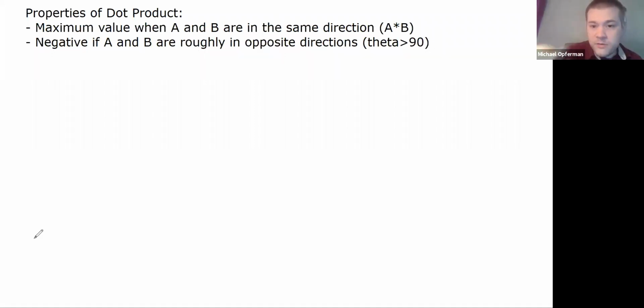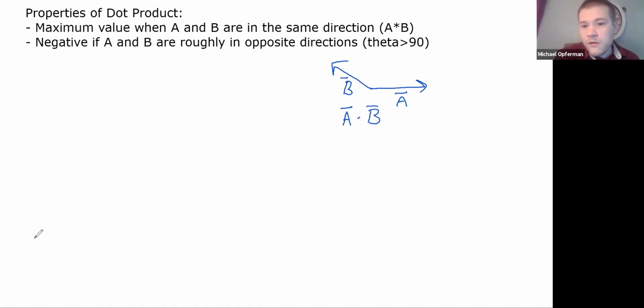Let me just draw it to make that clear. So like the case I showed you here, where you have A, B, these guys will have a negative dot product because they're sort of in opposite directions.